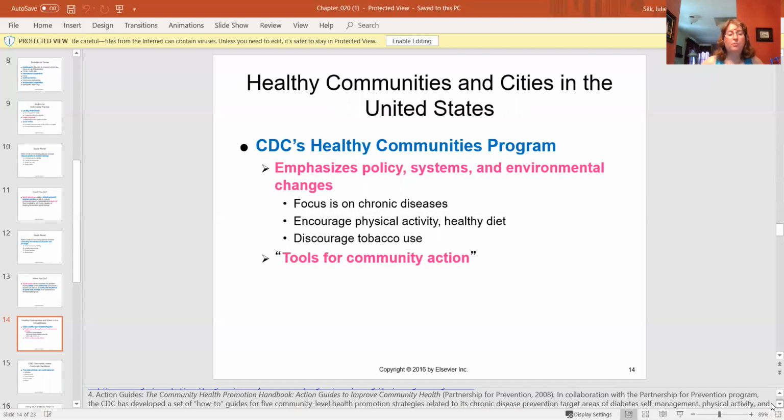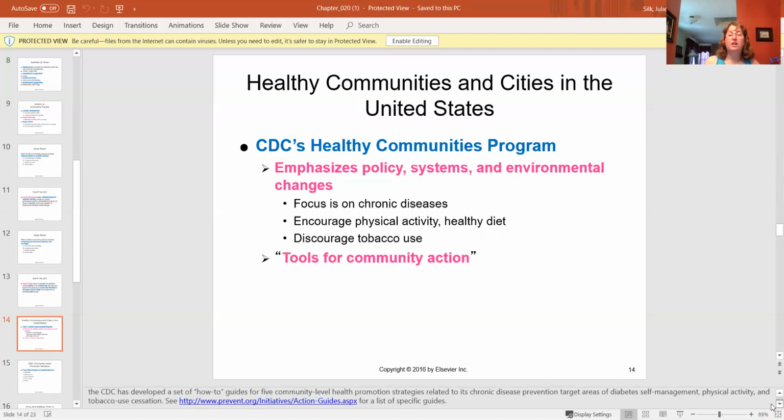The Community Health Promotion Handbook, Action Guides to Improve Community Health. In collaboration with the Partnership for Prevention program, the CDC has developed a set of how-to guides for 5 community-level health promotion strategies related to its chronic disease prevention target areas of diabetes self-management, physical activity, and tobacco use cessation.